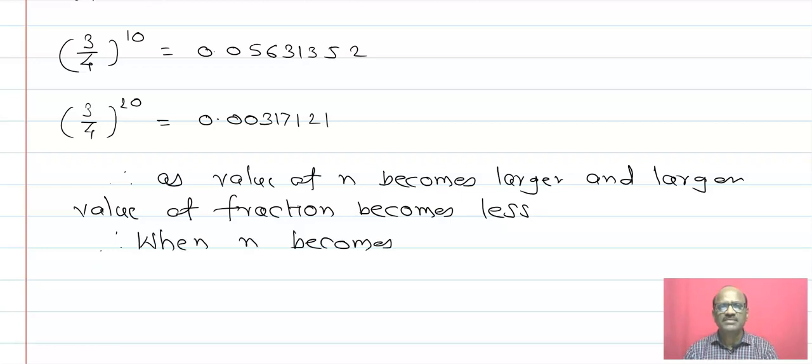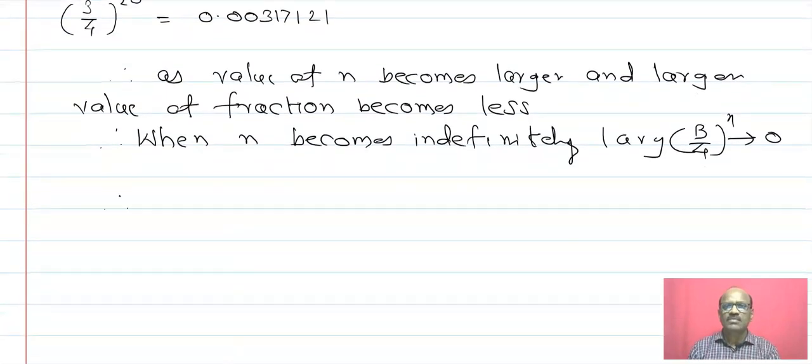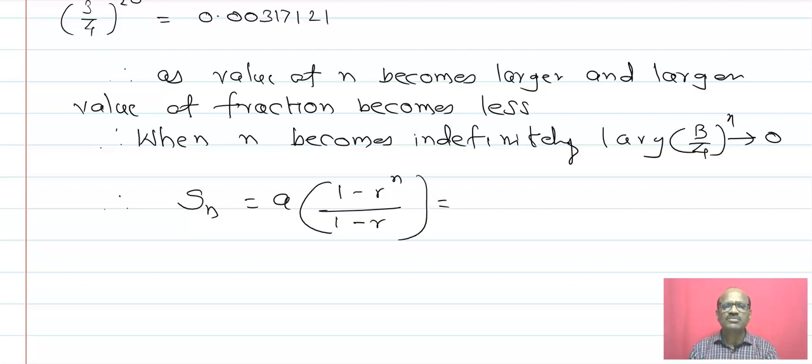When n becomes indefinitely large, then (3/4)^n tends to 0. Means its value is 0.